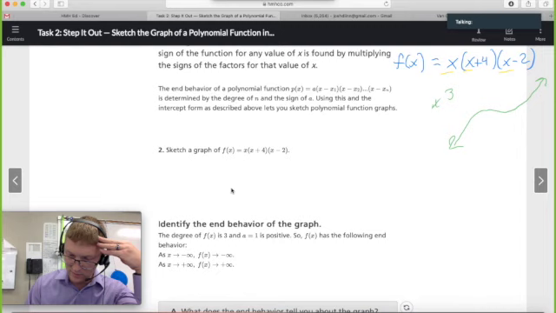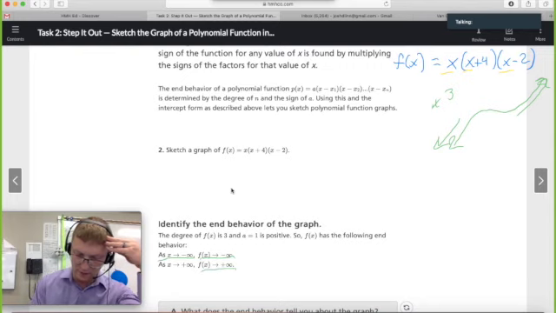That means as x approaches negative infinity, f of x is going to approach negative infinity. And conversely, as x approaches positive infinity, f of x is also going to approach positive infinity. And of course, if there's a negative sign in front of it, then those would be reversed.